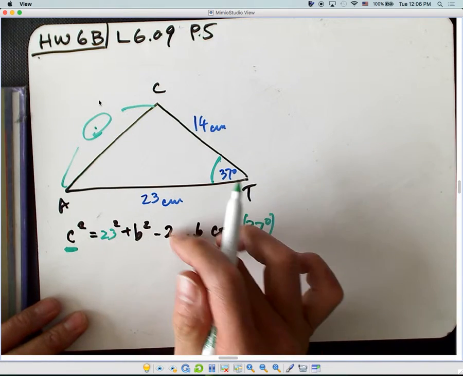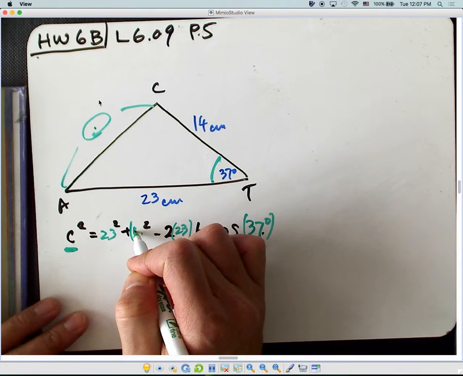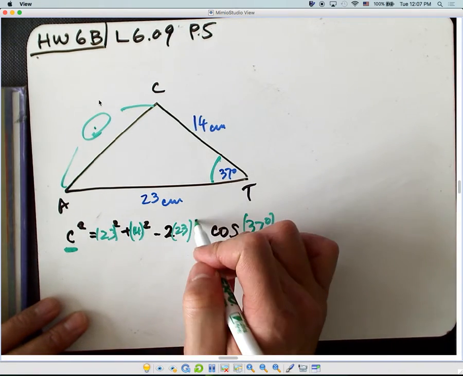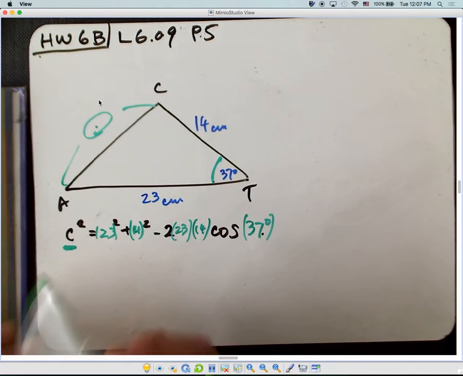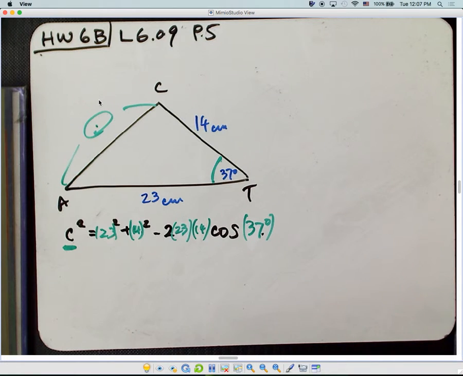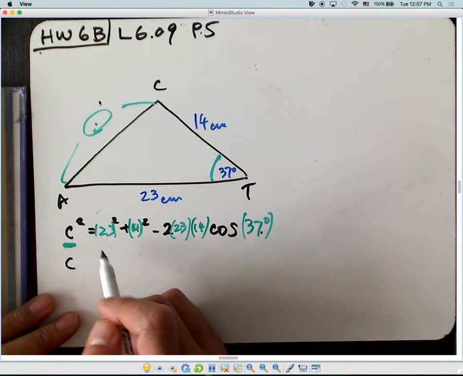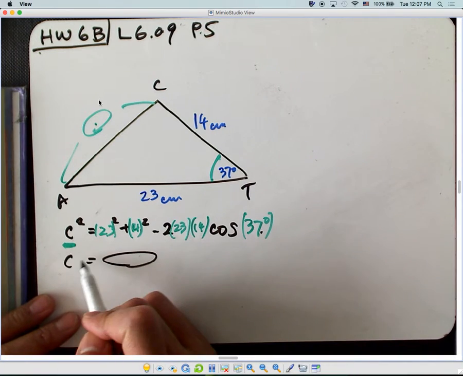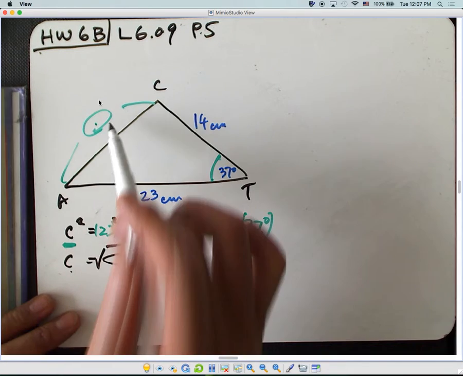A for 23, B for 14. And do it out, then you get c squared. So if you do the right side, you get whatever, right? But you want to know what the c is, so make sure to take the square root of it. So that's going to give you c.